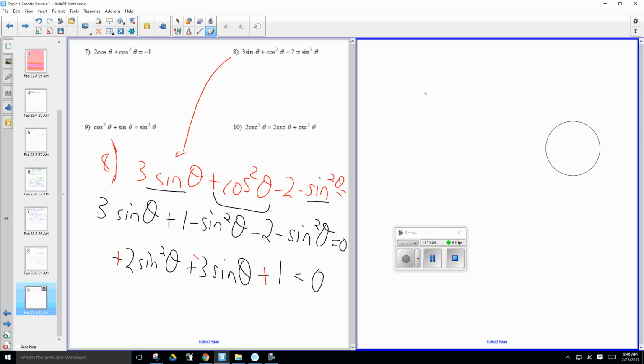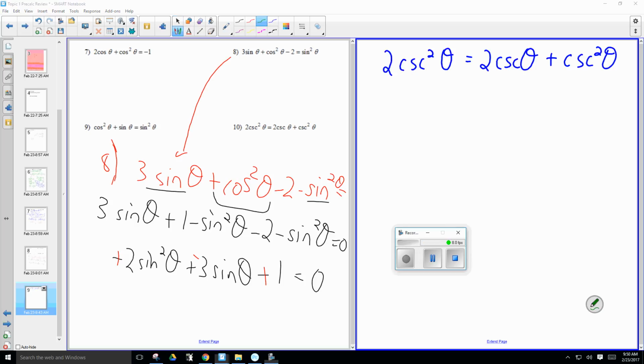All right, let's keep going. Same strategy here: keep the sine, get rid of the cosine. Well, let's go to the last one. We've got cosecant. Let's check it out. Bring cosecant squared over, so we have cosecant squared equals cosecant.